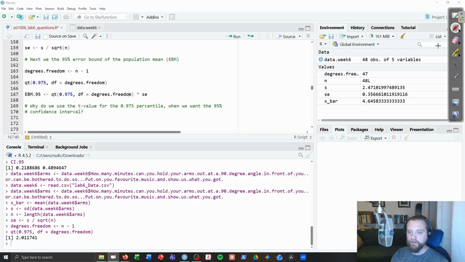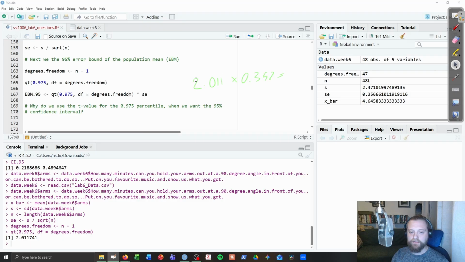So in other words, what we've got here is a calculation for our error bound for the mean, this time, not error bound for a proportion, of 2.011 multiplied by our SE, 0.35, or say 0.37.